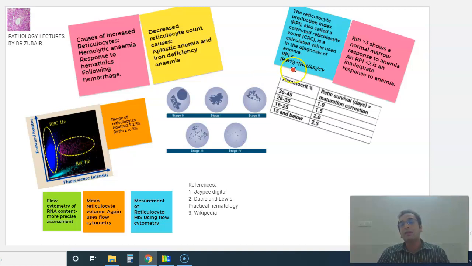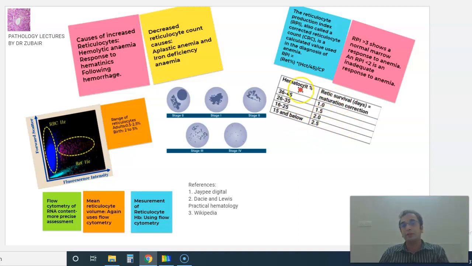We calculate it as follows: the retic percentage multiplied by the patient hematocrit divided by the standard hematocrit, which is 45, the whole thing divided by the correction factor. What is this correction factor? We have to understand that if the hemoglobin or the hematocrit is very low, the reticulocytes are released into the circulation very immature. So for that we have to apply a correction.